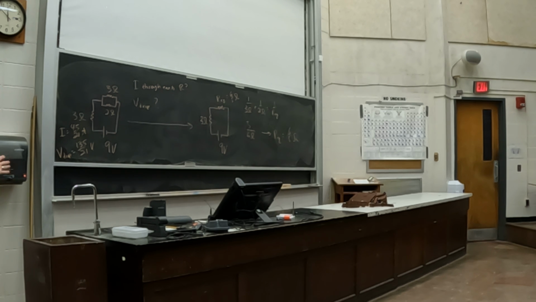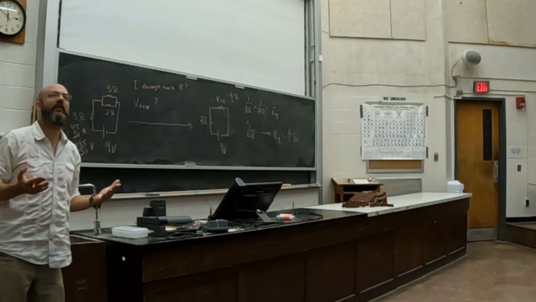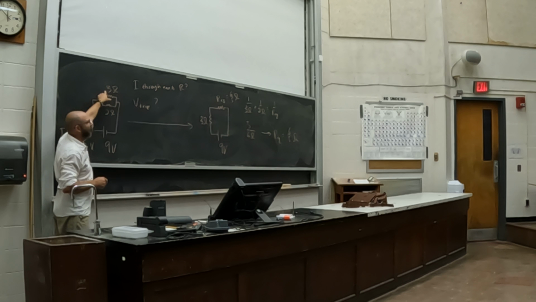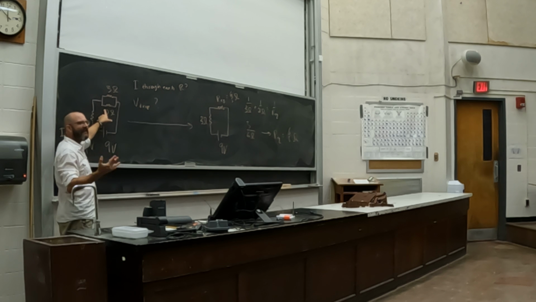So this is all stuff you can use to calculate it if you want to. We'd have to take a few more steps. But it's mostly just as a sanity check. When you get an answer, if you find that you have more current flowing through the top one than the bottom one, that's a clue that I did something wrong. Or if you find like 7 amps here and 0.5 amps here, that's a clue you did something wrong. So it serves as a check and an intuition builder.